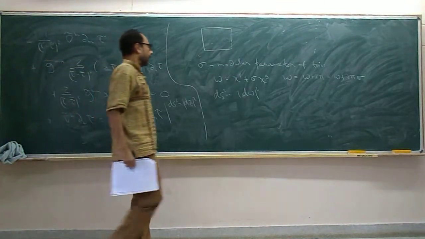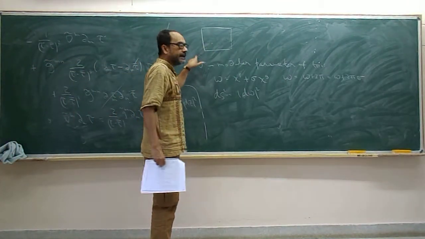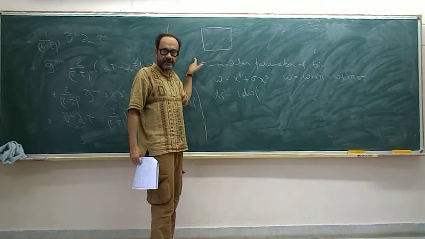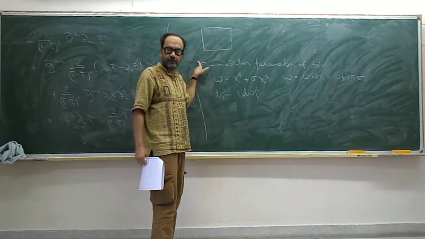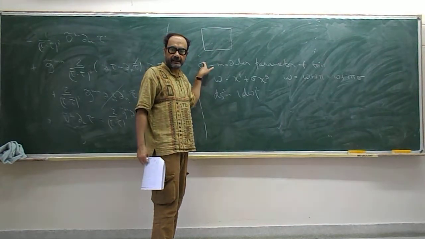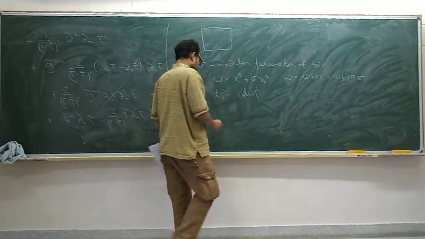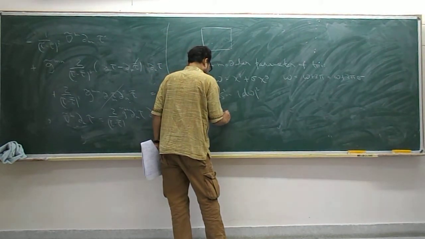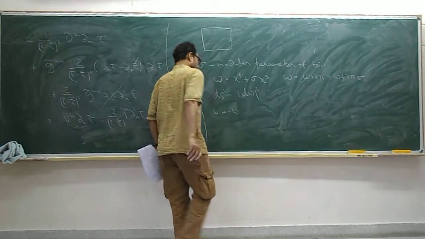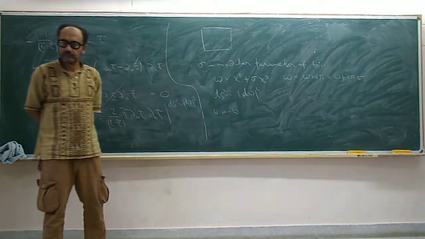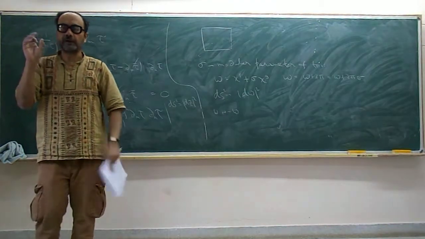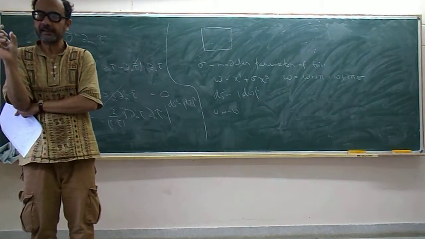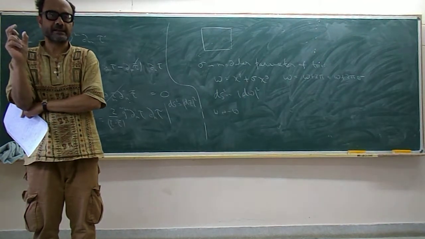But the orientifold that we are considering is obtained by identifying w with minus w. So we identify w with minus w, which basically means that if you are working close to the point w equal to 0, then w is not really a good coordinate system.